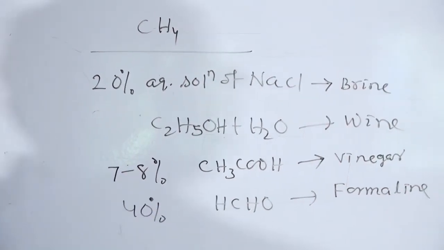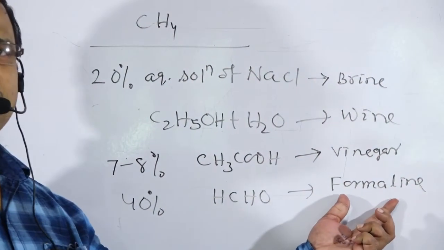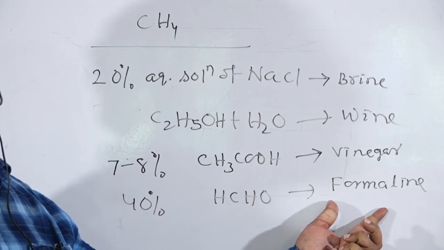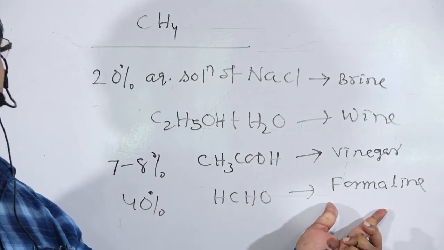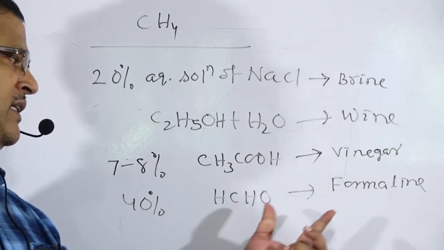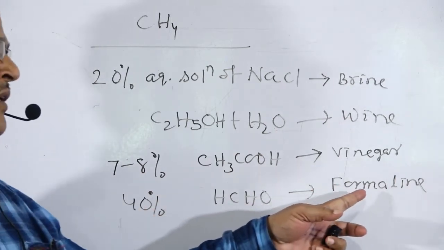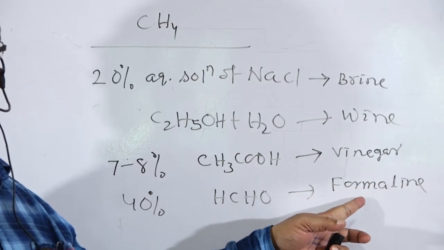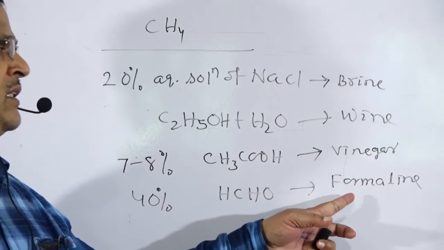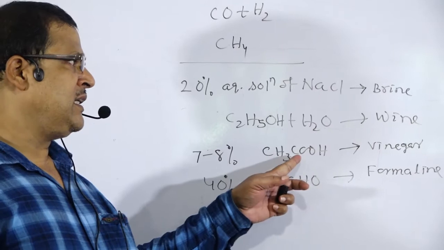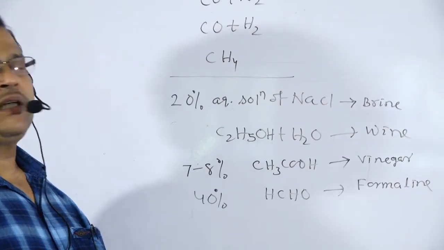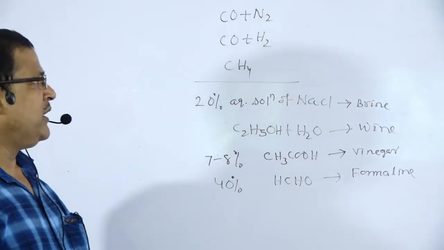Formalin is used for the preservation of dead animals, biological specimens. Vinegar, acetic acid. Brine, 20% aqueous solution of sodium chloride.